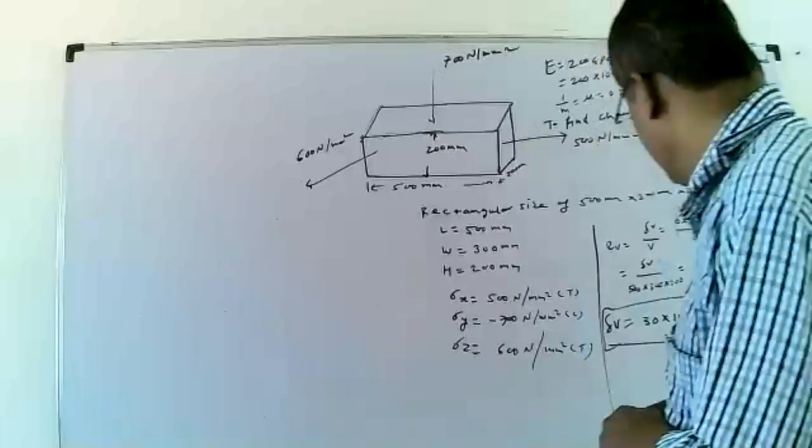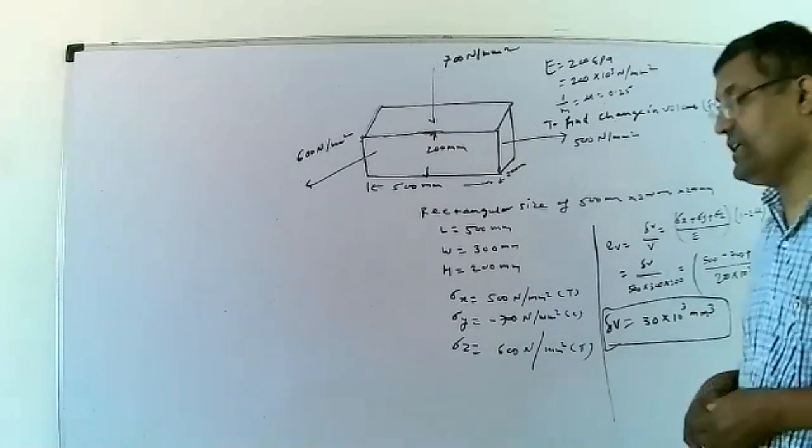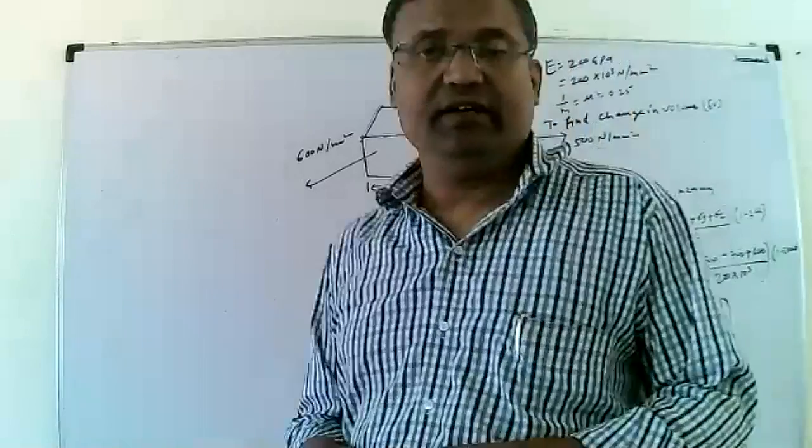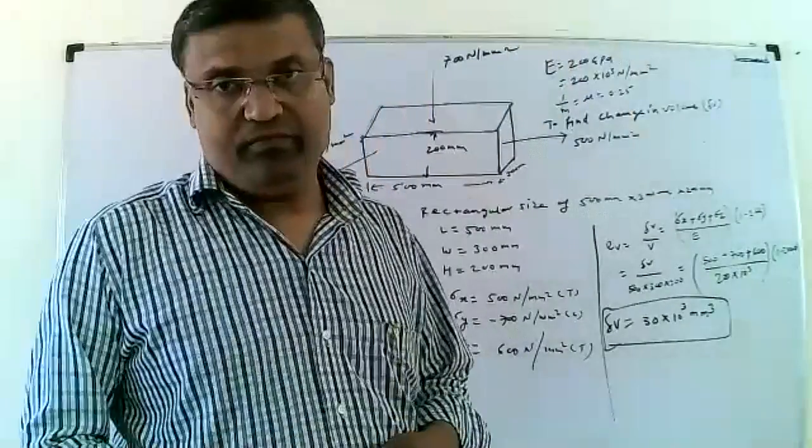Finally we obtain the change in volume, that is 30 mm cube. Okay, this is a very simple way to calculate change in volume.